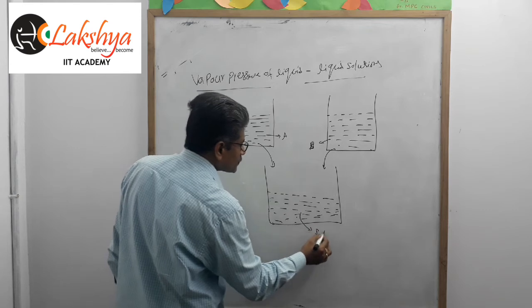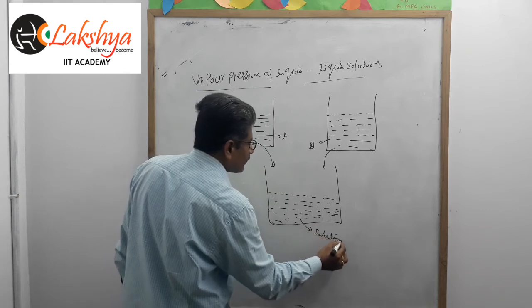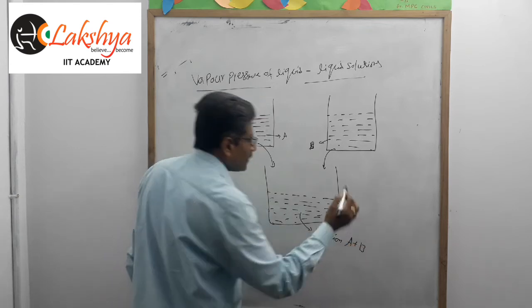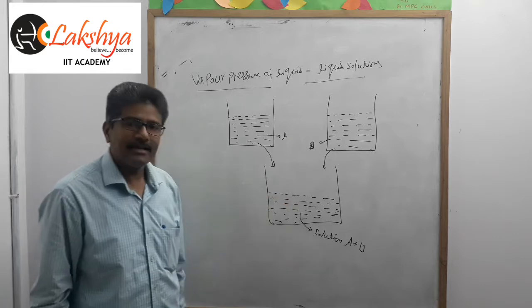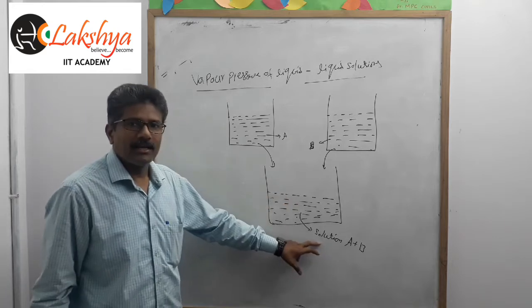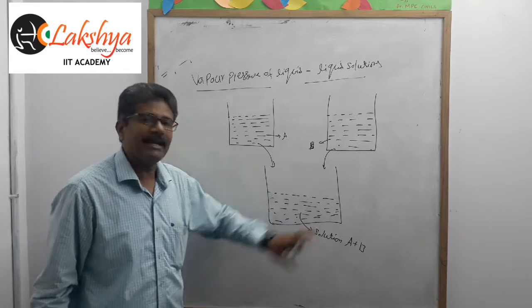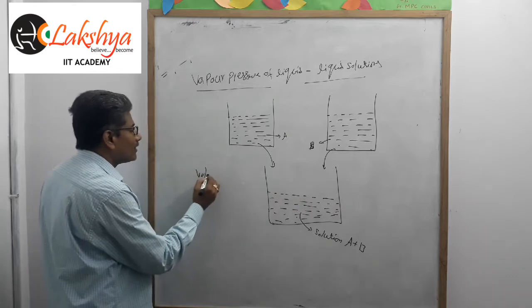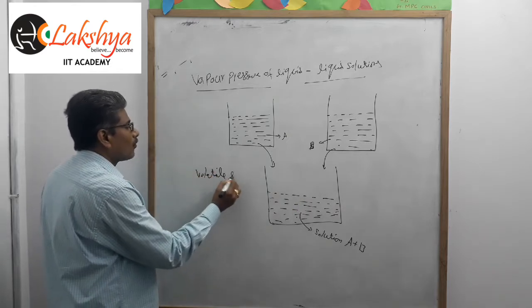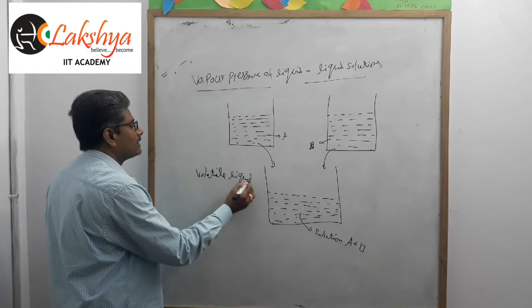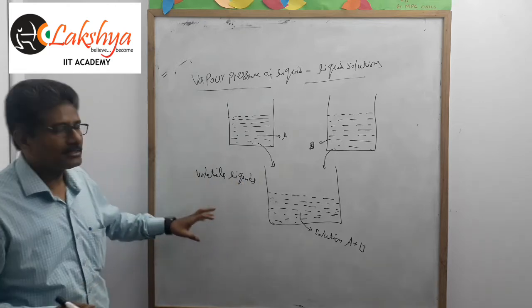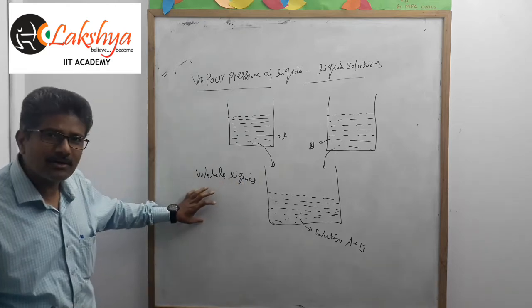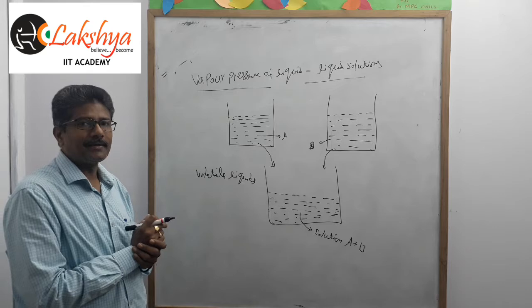This is a solution which contains two liquids, A and B. Both are volatile liquids. Volatile means they easily change into vapor state.